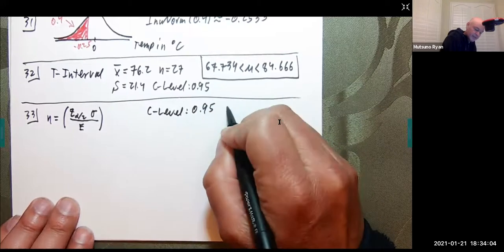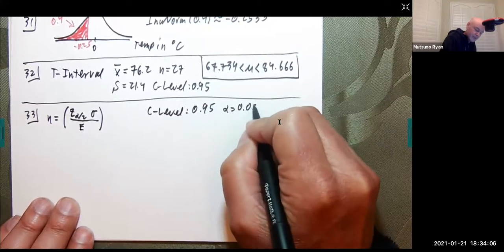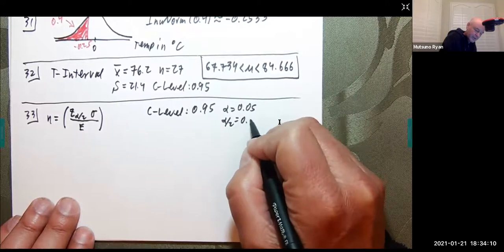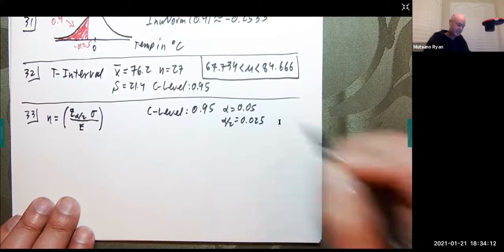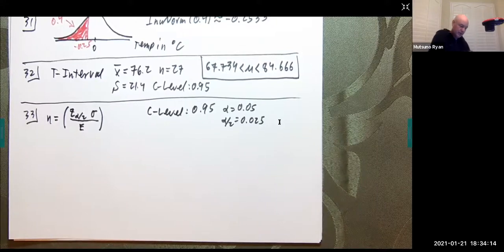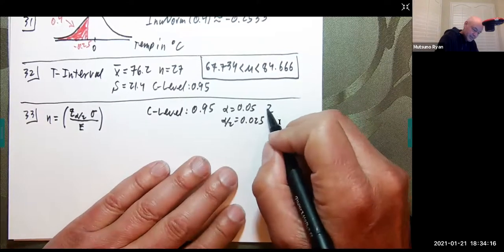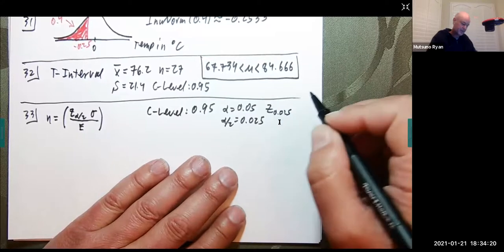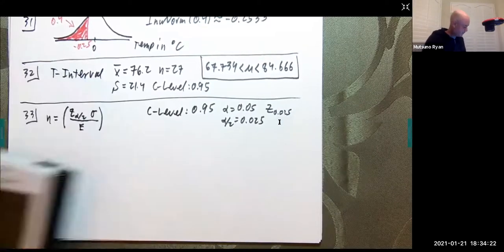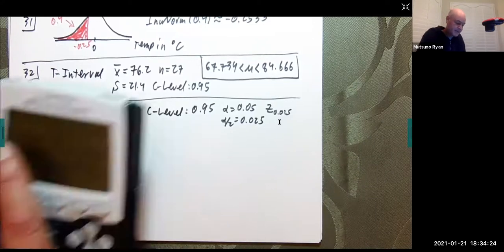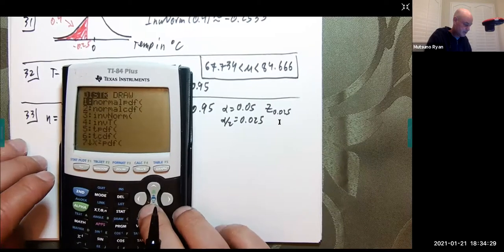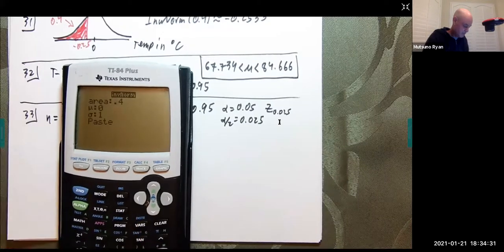Now that means alpha is 0.05, and alpha over 2 is half of that, which is 0.025. And we know Z sub 0.025. We can figure that out right here. Remember, that's area to the right, so I have to do the 1 minus trick. Inverse norm, 1 minus 0.025.